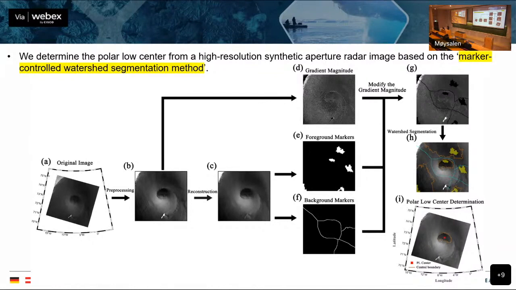Out of that, they are able to properly identify the center of the polar low, and this is necessary in order to start the tracking properly. I'm not an expert by far on this watershed segmentation method, so if you ask me a question about this, I will just have to forward it to Biao and Will.